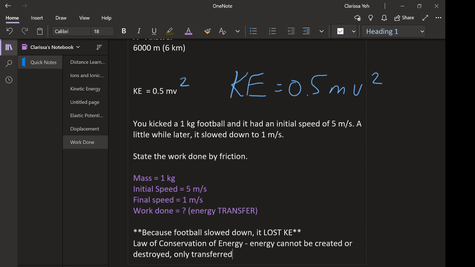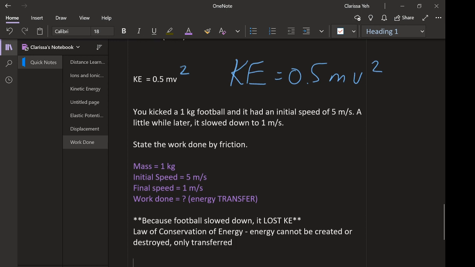And the work that it did was how much kinetic energy was lost. So in this question, if you find how much energy was lost by the football, then you will know how much energy was transferred, so the work done, which is an energy transfer, by friction.